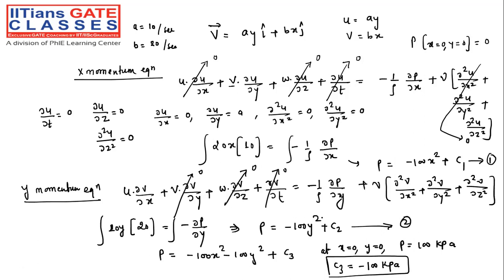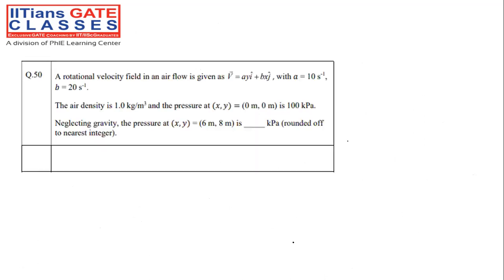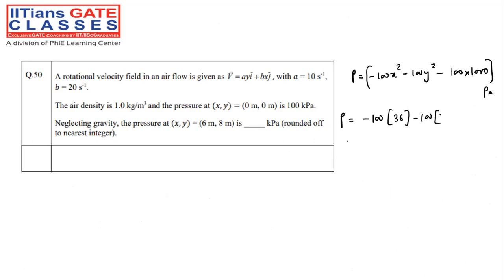Now, once you calculate the C3 value and put it into the equation, the final equation I'm writing over here: minus 100 into x square minus 100 into y square minus 100 into 1000. So together it will become what? Pascal. So what is the pressure value? We have to calculate at x equal to 6 meter, 36, 100 into y, 64, minus 100 into 1000.